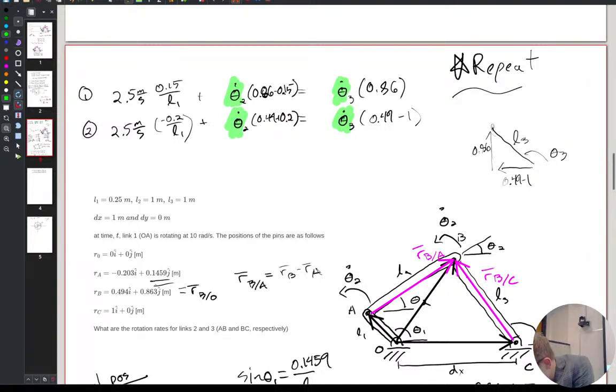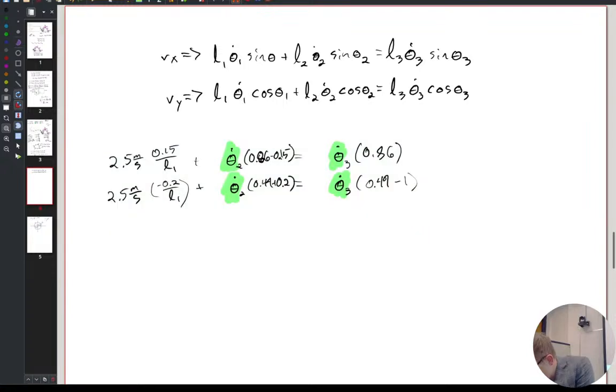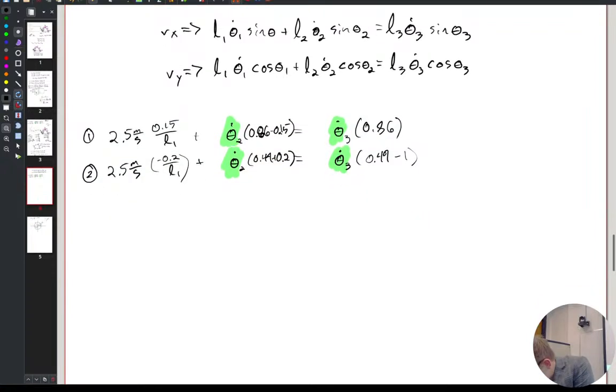So let's get it into some form that we can actually solve. So here's equation 1, there's equation 2. We want to take the stuff that we know is constant.